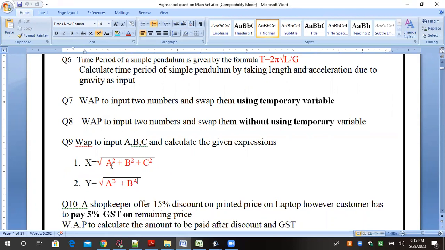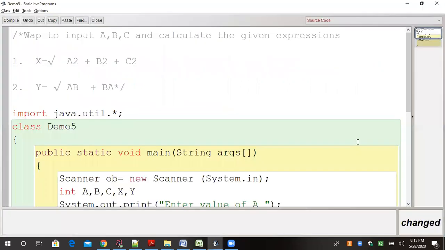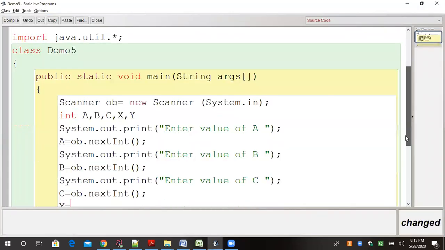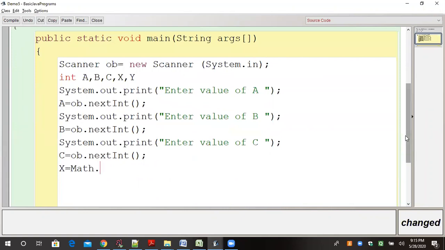Means these are the square of A, square of B, square of C. So in the under root, we have to calculate the square. Okay, no problem. Again, math.sqrt, and how to calculate the square? Just simply A into A plus B into B plus C into C.